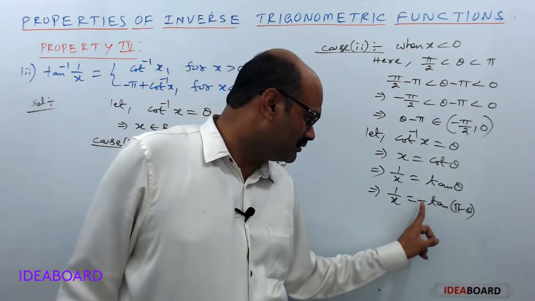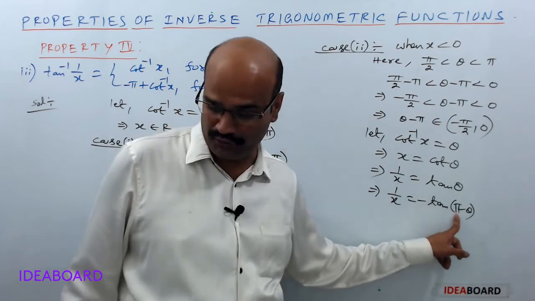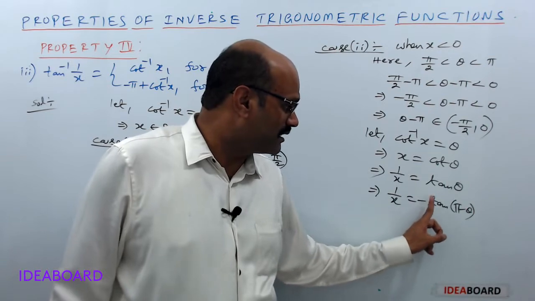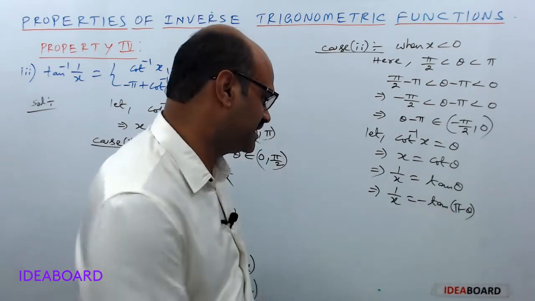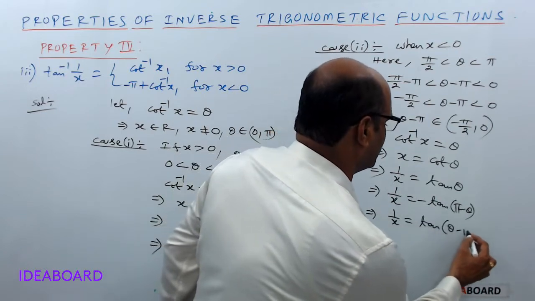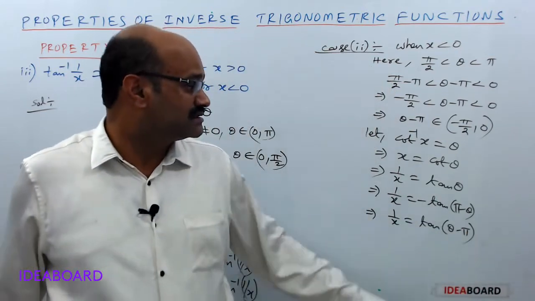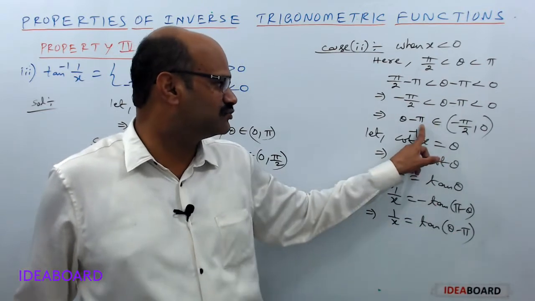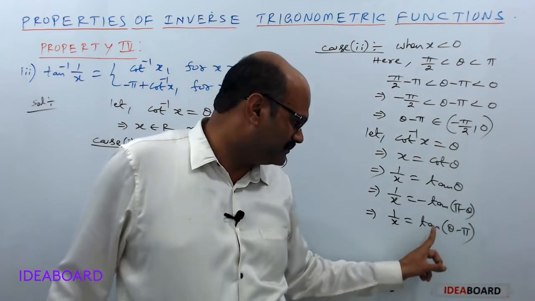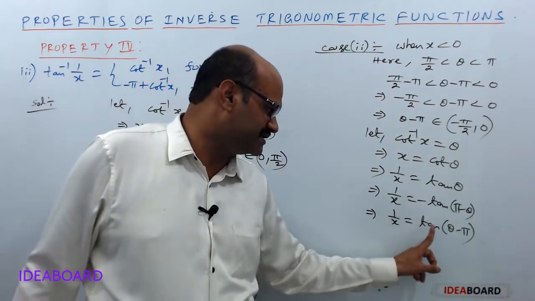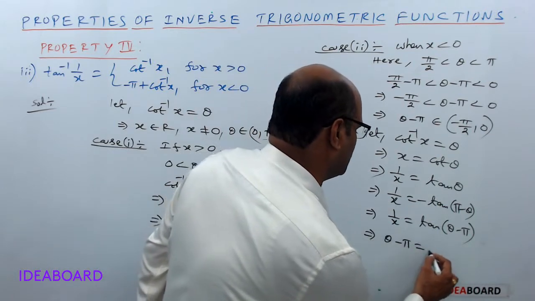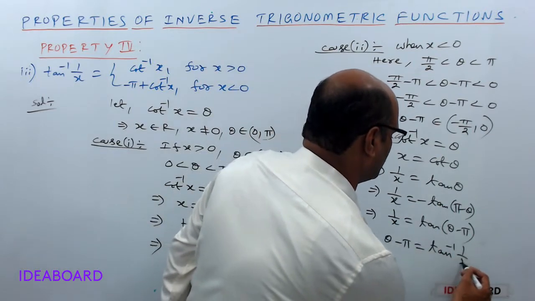Now, we know that minus tan alpha equal to tan of minus alpha. So, this can be written as 1 by x equal to tan of theta minus pi. Since theta minus pi belongs to minus pi by 2 to 0, then tan inverse of 1 by x exists here. So, it implies we can take it as theta minus pi equal to tan inverse of 1 by x.